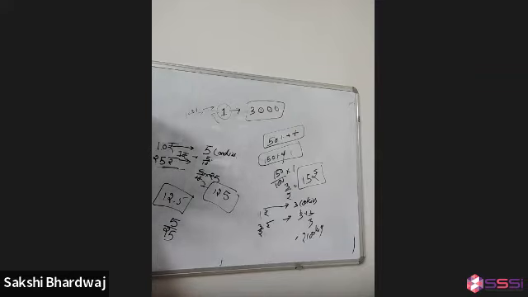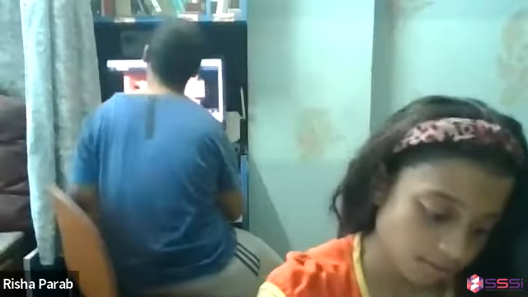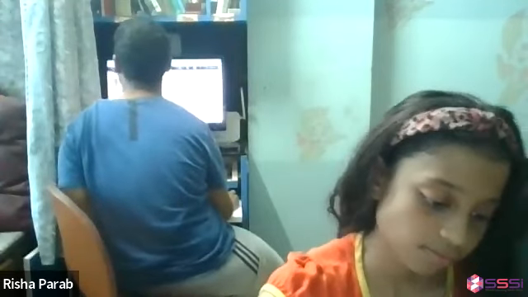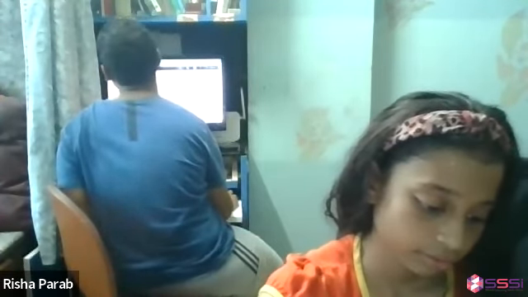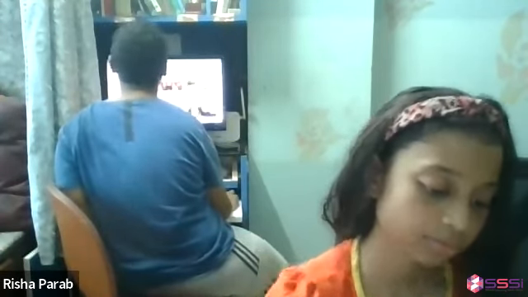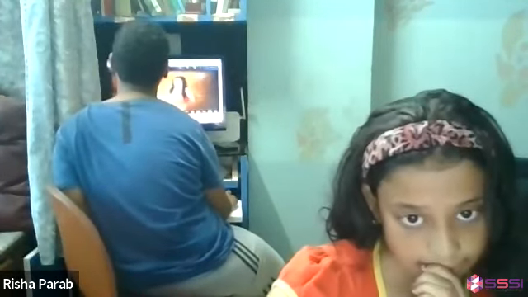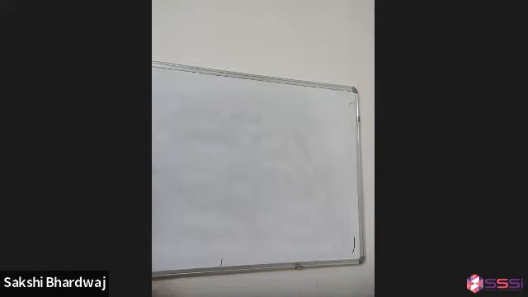Question number 6. Question number 7. Anil buys a calculator for rupees 600 and sells it to Vikash at 10% profit. Vikash sells it to Chandan for 5% profit.